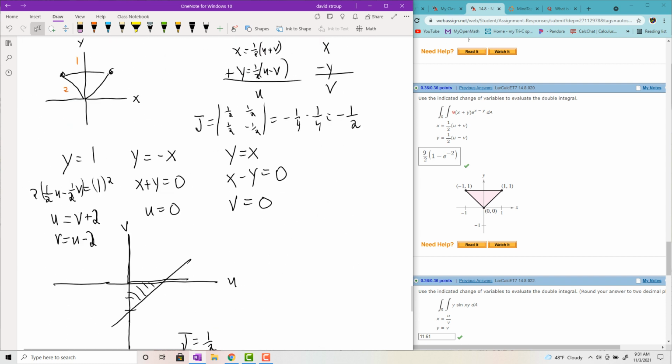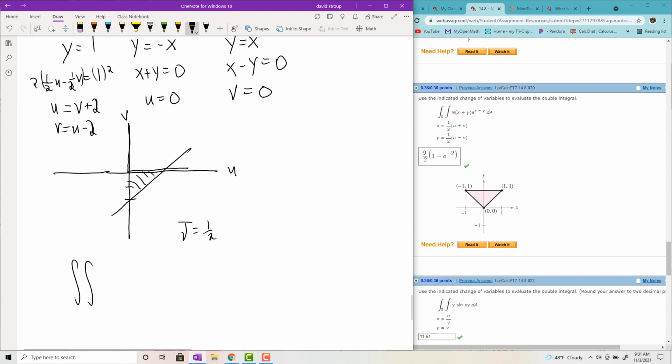However you want to cut it, it's 9u e to the v, and then I'm integrating from this curve to this curve. So that's with v, right? V equals u minus 2 to v equals 0.